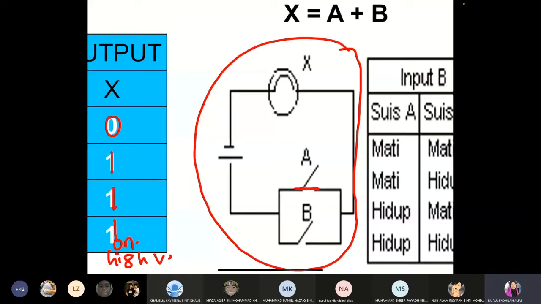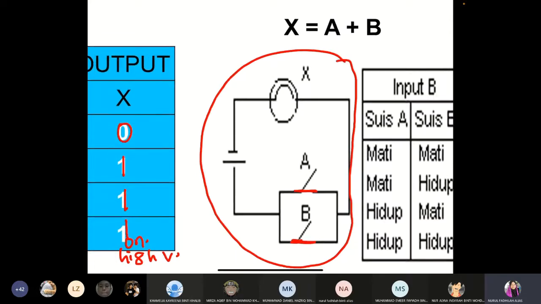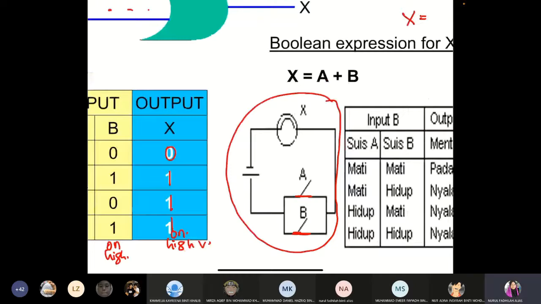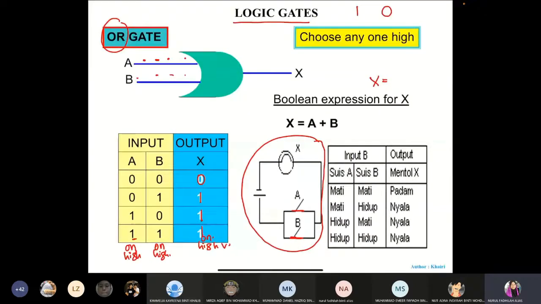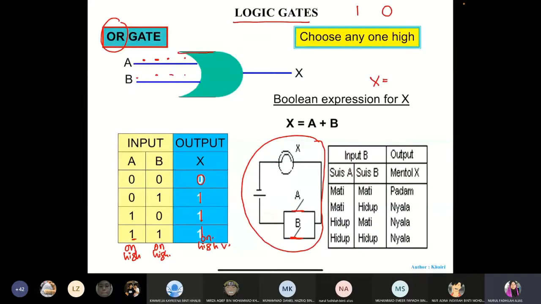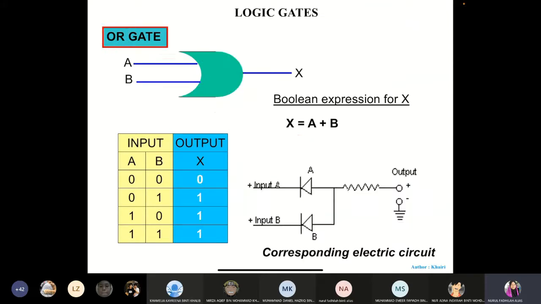Yes, the bulb will light up. If you switch on both of them, of course the bulb will light up also. Ataupun B sahaja yang switch on, A switch off, X will light up as well. So this is just the symbol. Macam mana nak lukis? Bentuk D, but instead of straight, kita curvekan kat sini. So that's how you draw it.